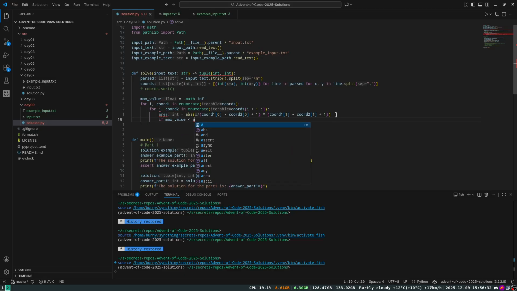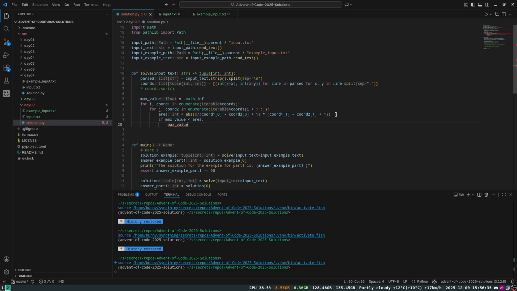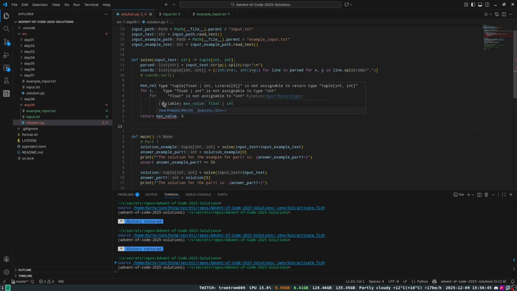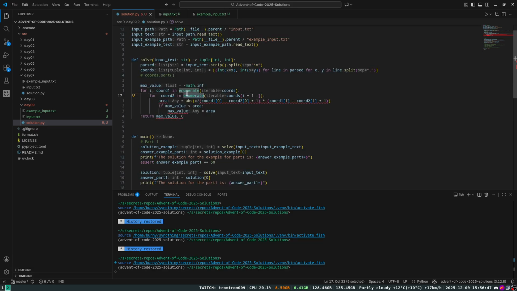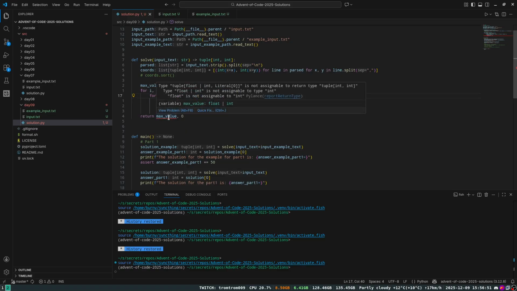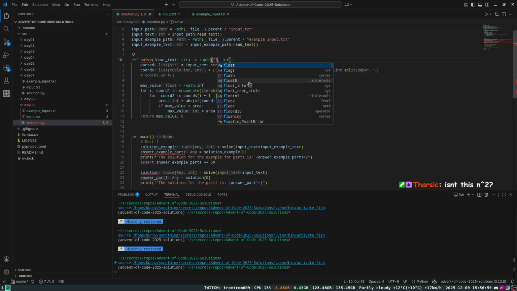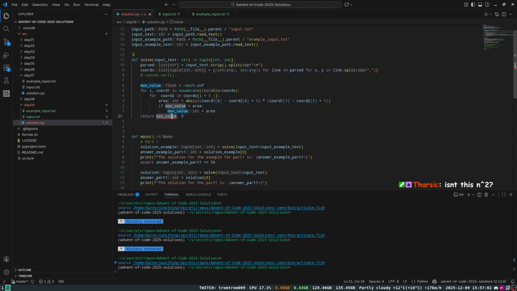If max value is smaller than area, then max value will be set to area. And then return max value and 0. j is not used. Whatever.